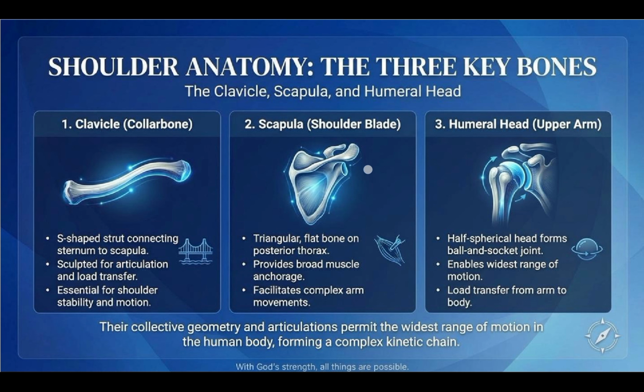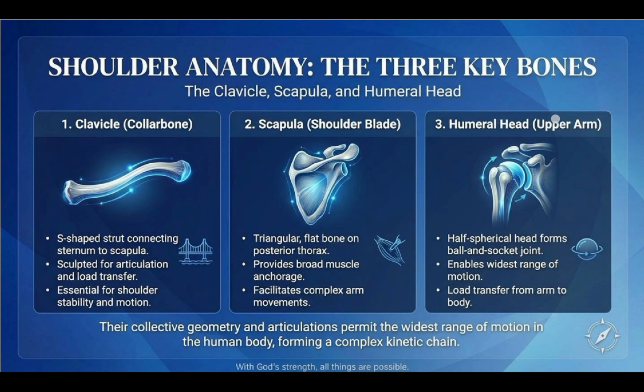Without the scapula, there would be nothing like the glenohumeral joint, or what we call the shoulder joint. It provides an area for attachment of the proximal head of the humerus, and it provides movement. The humeral head in the upper arm is a half spherical head that forms a ball and socket joint.